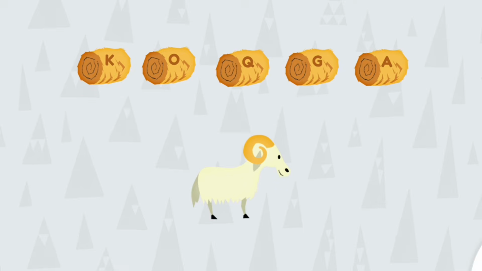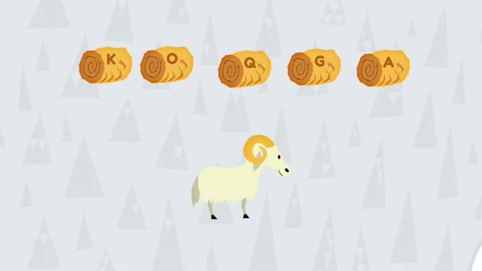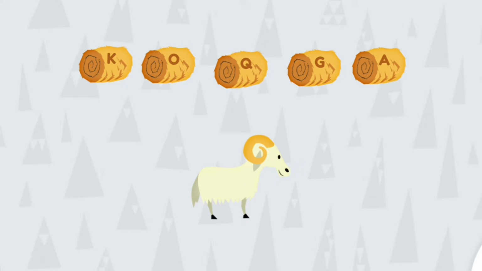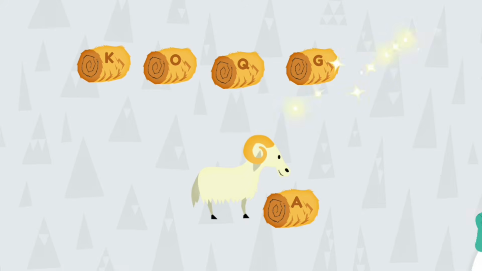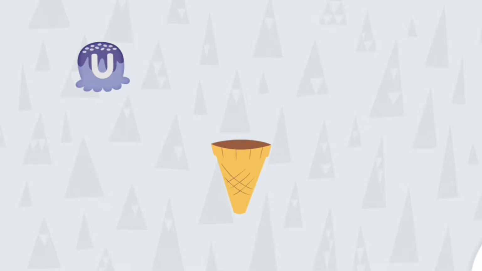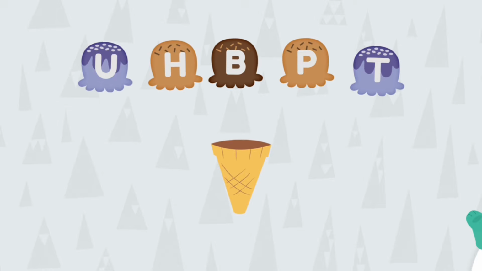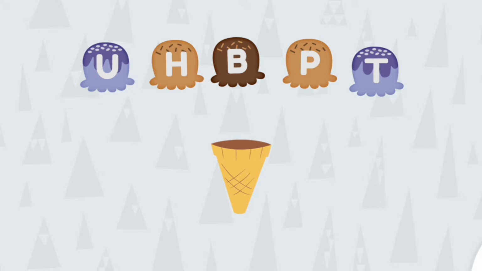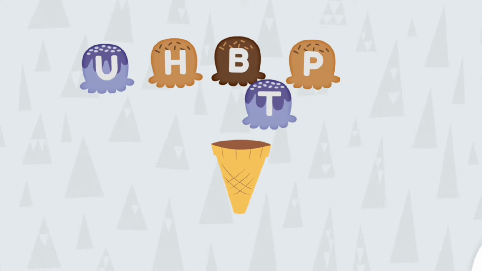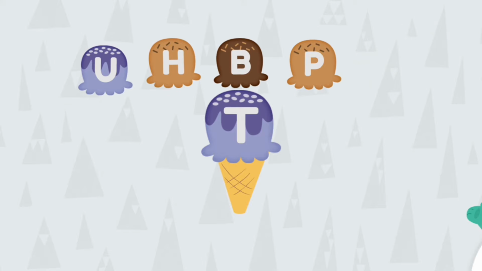Give the ram the hay with the letter A. Good job! Put the ice cream with the letter T on the cone. Good thinking!